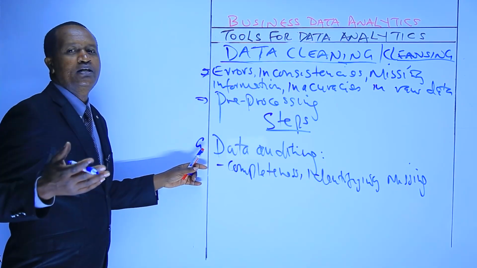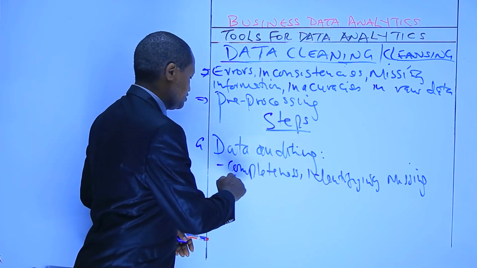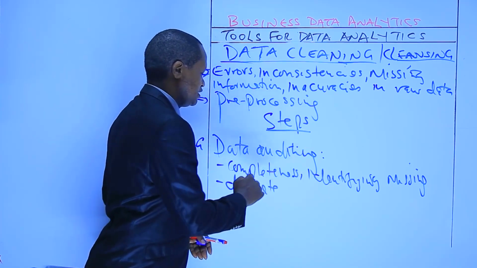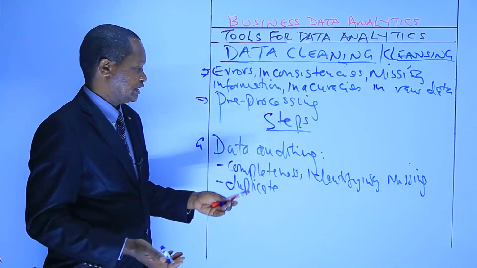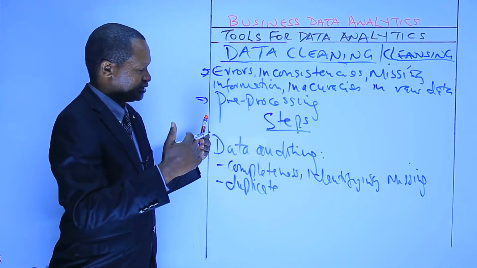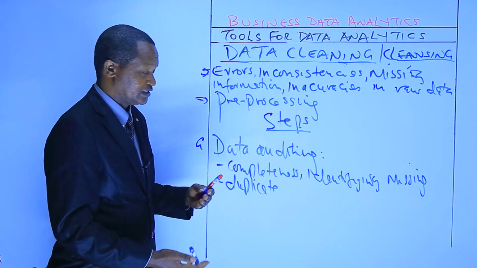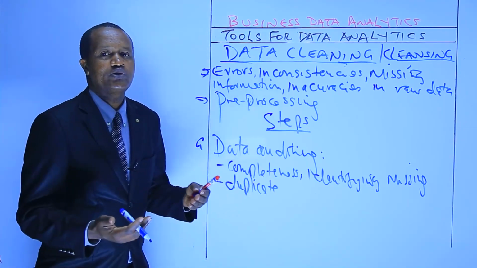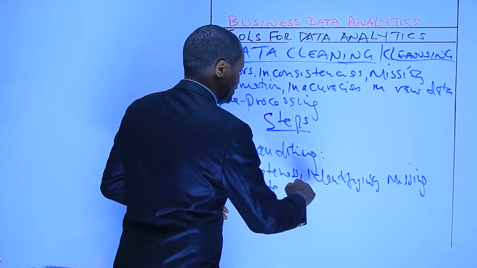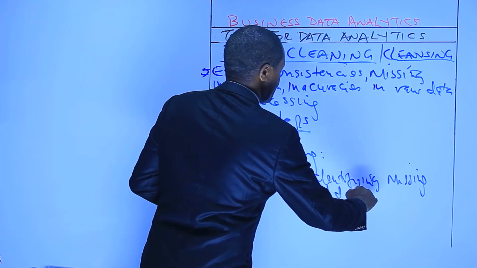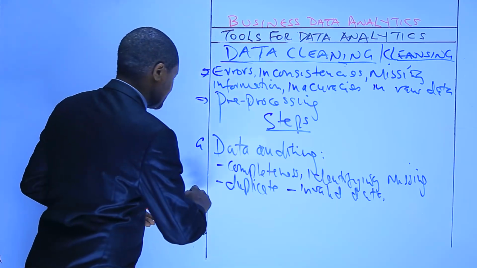It may also involve checking out if there are any duplicates. You may have data that is duplicated. You may have data even in triplicate. So in auditing, that is what happens. You check if the data is in duplicate, if the data is repeated, if the data is in triplicate, and ensuring that data is also valid. You check also for invalid data. That's data auditing.